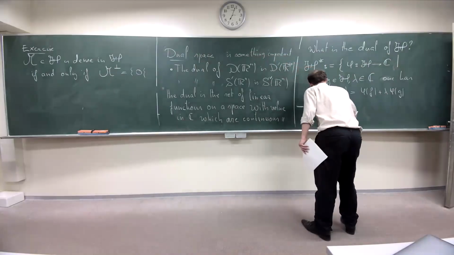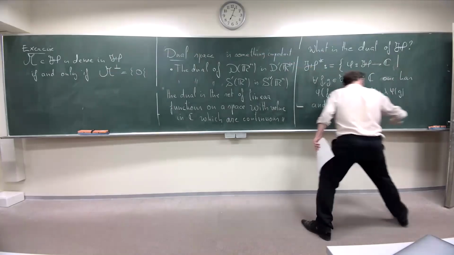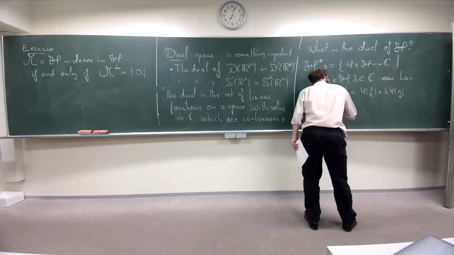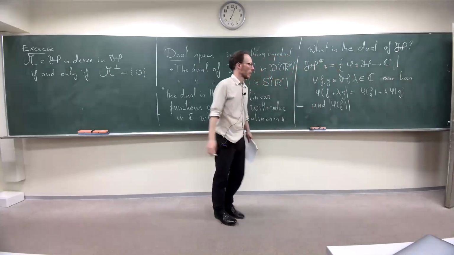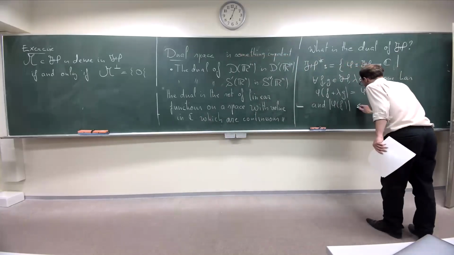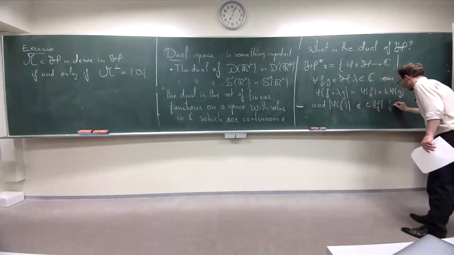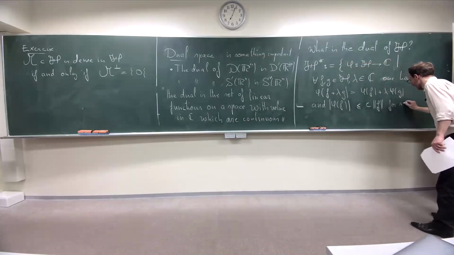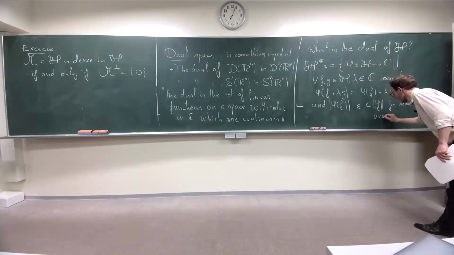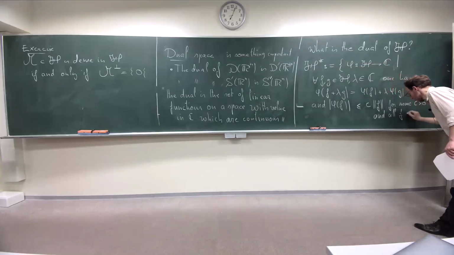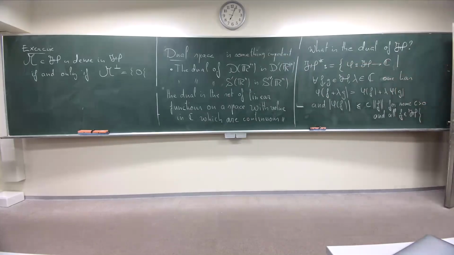And phi of F is just a complex number, so I can take its modulus. It is smaller or equal to C times the norm of F, for some C bigger than 0 and all F in H. This is the definition of the dual.